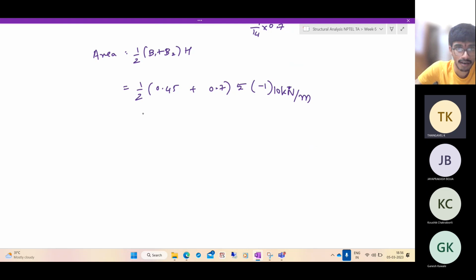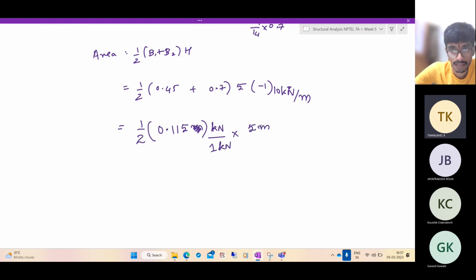Now if you write it down with proper units, you will get half into 0.45 plus 0.7, into 5 meters, which is in meters. Sorry, the shear force is in kilonewtons per kilonewton for a unit load, that is 1 kilonewton, into 5 meters into 10 kilonewtons per meter.